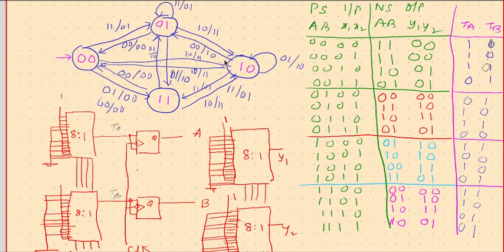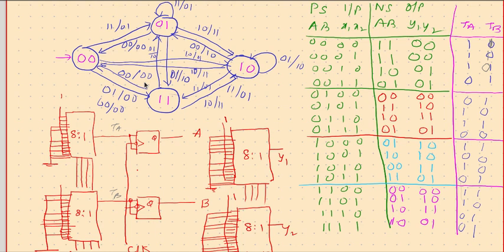Here what has happened is we have four states, so we need 2-bit coding for the state representation, and we have two inputs, so 2 bits for state and 2 bits for input, totally 4 bits. So 4 bits means 16 combinations, and we could write from every state 4 outgoing paths, one for 00, one for 01, one for 10, one for 11.